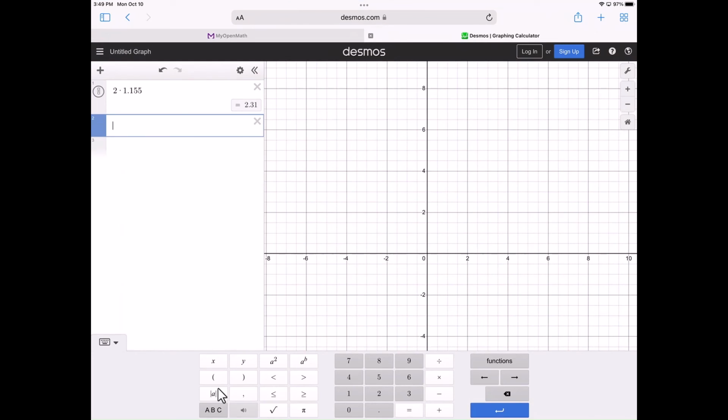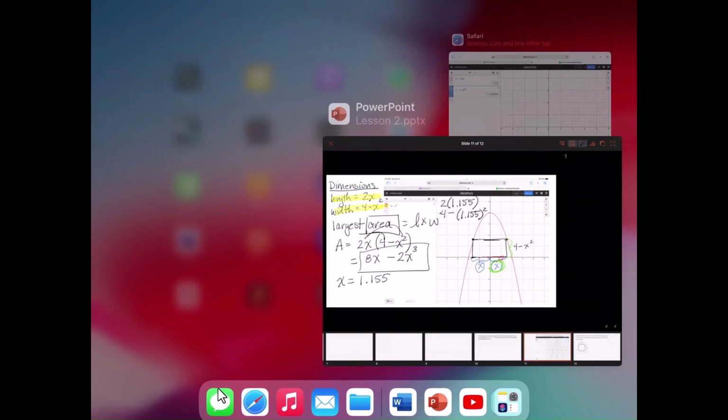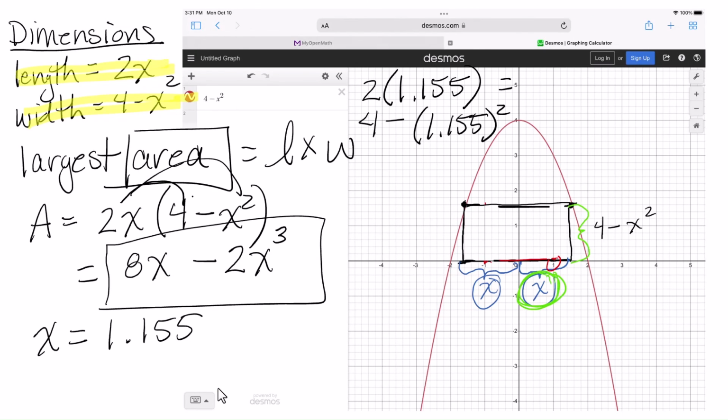And then if I take 4 minus 1.155 squared, I get 2.6659. Let's round it to 2 places, 2.67. So we end up with our length of 2.31 and our width was 2.67. I hope this video helps you complete that problem on the homework.